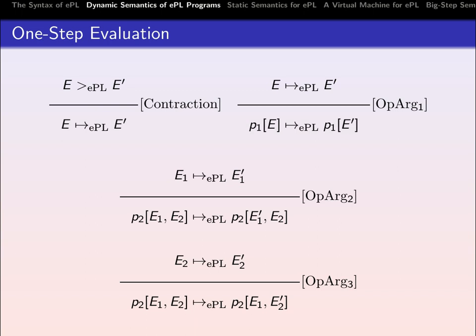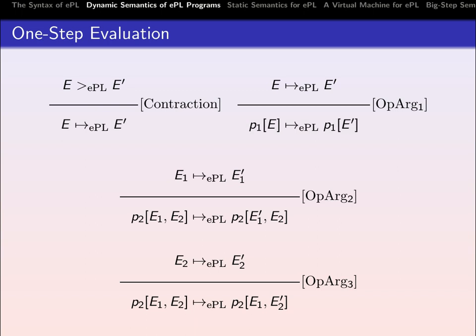Now, an example of one-step evaluation is the contraction. We're going to say that if E contracts to E prime, then E one-step evaluates to E prime. So now we have a new relation, the one with an arrow with a stopper at the end, indexed by APL, saying that E one-step evaluates to E prime.